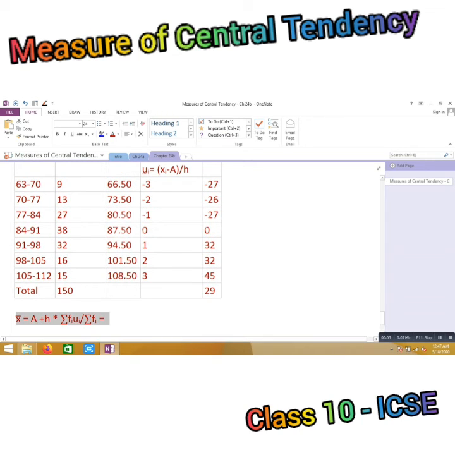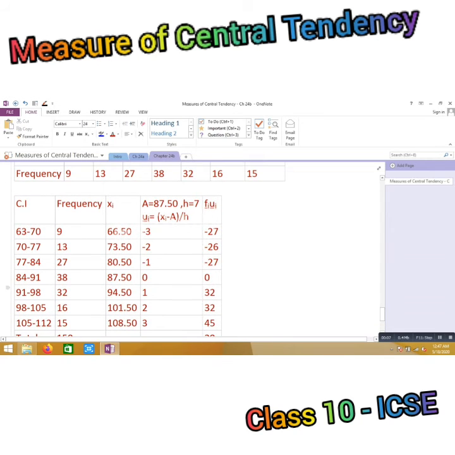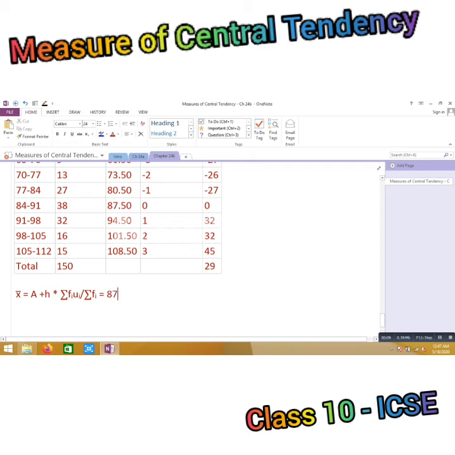And again by substituting in the formula of step deviation method, we can calculate the arithmetic mean. 87.5 plus 7 into 29 divided by 150, that gives us the mean of 88.85.